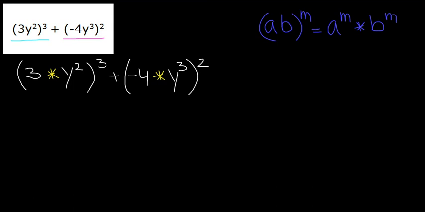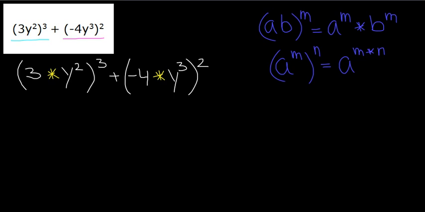And our second rule is our power of a power rule: a to the power m, and that whole quantity raised to the power n equals a raised to the power m times n.